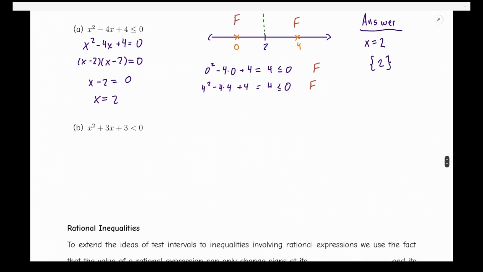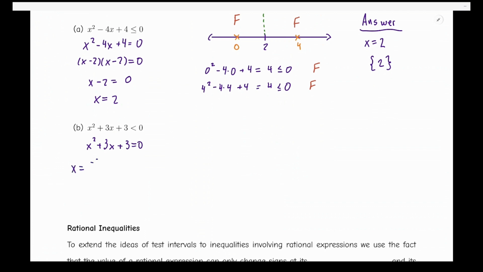And now part B. x squared plus 3x plus 3 is less than 0. So this is going to be x squared plus 3x plus 3 equals 0 to find the roots, which is not factorable. And because my middle term is not even, I'm not going to try to complete the square because I'll introduce fractions. Instead, I'll just go to the quadratic formula.